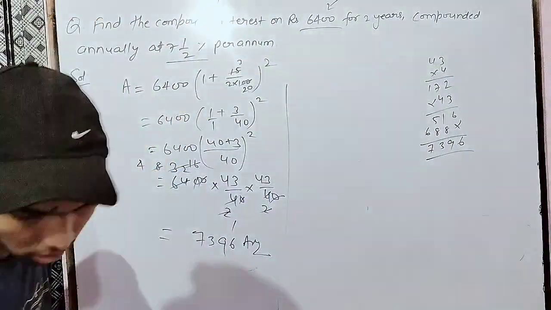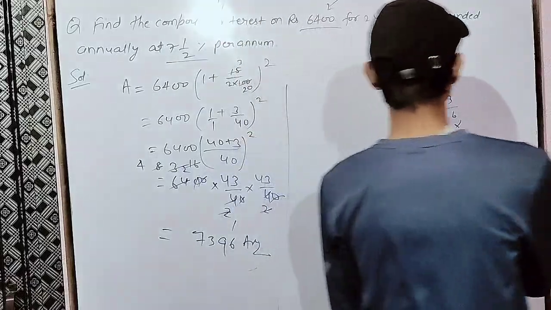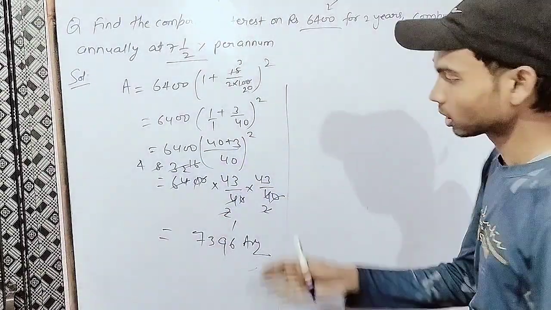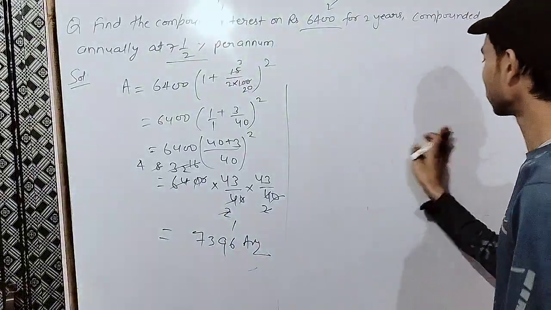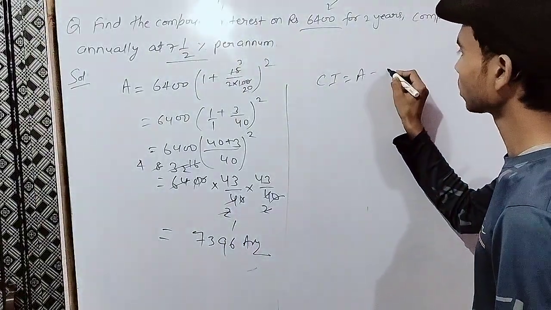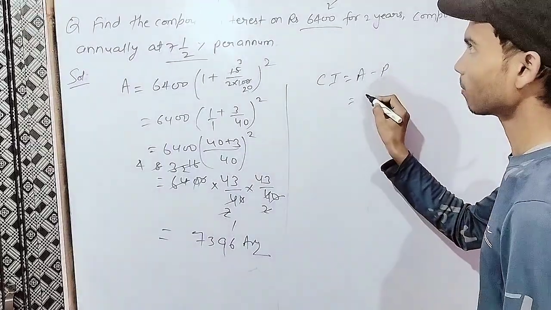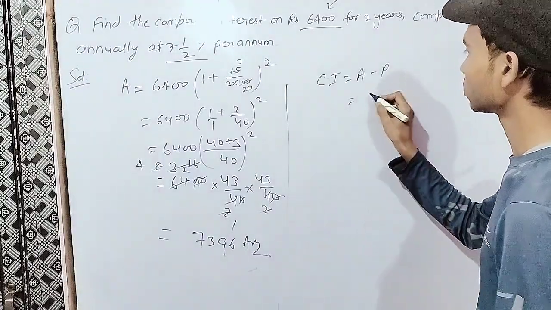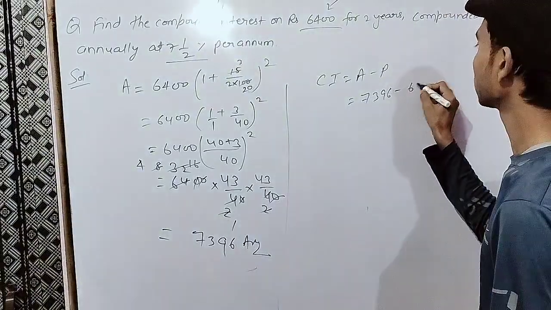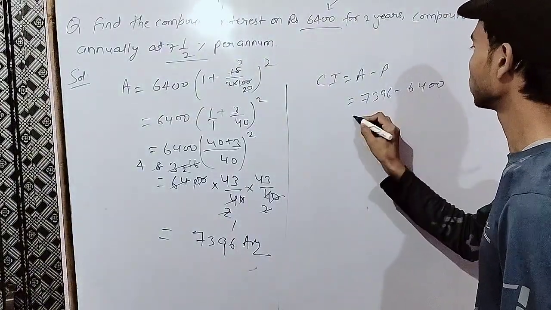From here, compound interest can be calculated, which would be amount minus principal. Okay, amount is how much? Total is 7,396 minus 6,400.